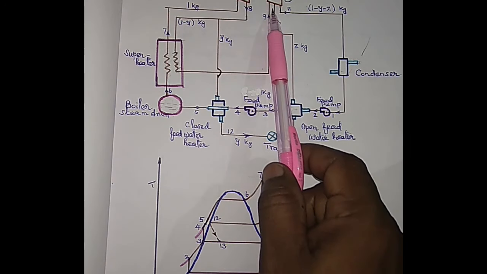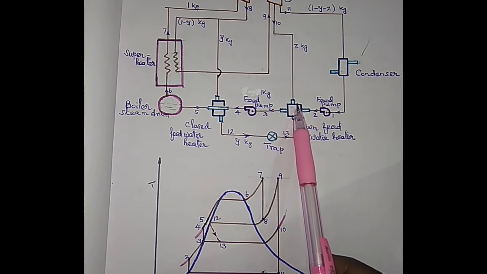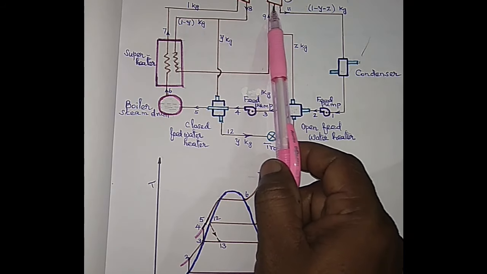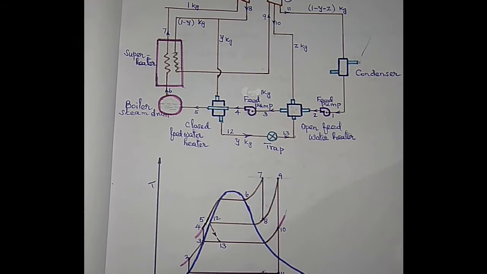At the same time, another z kilogram of steam is extracted here for heating. So again a little bit of steam is reduced in these stages, so the power developed will be reduced. That is a disadvantage.